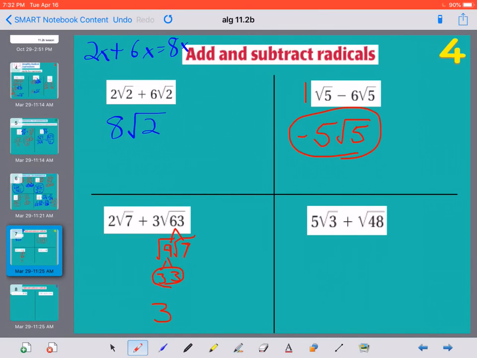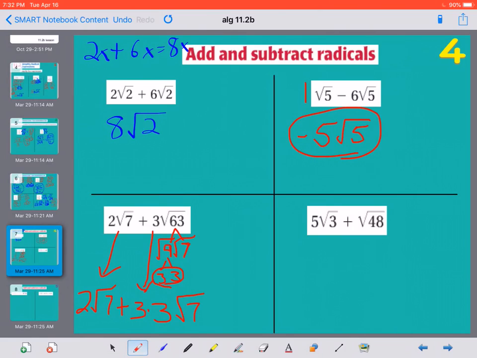And then the square root of 7 I can't really do anything with, so I'll leave that like that. Now this 3 comes down as well, so it'll be 3 times 3 plus this whole thing, 2 square root 7, comes down as well.